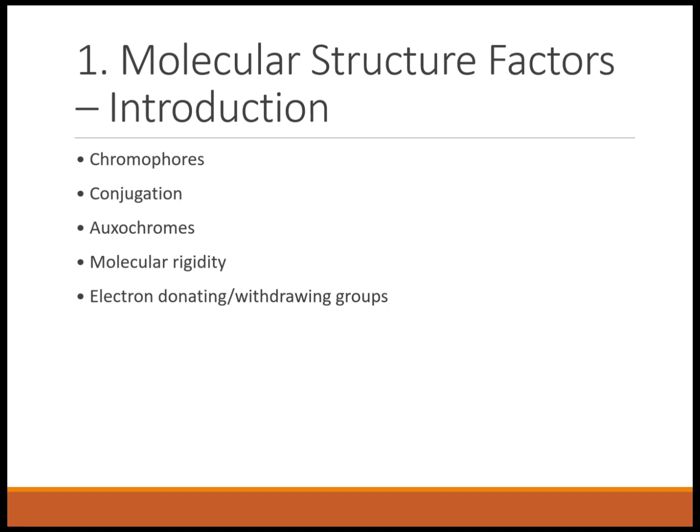They include chromophores, functional groups responsible for absorption, conjugation, which is the extension of pi electrons, oxochromes, groups that modify absorption behavior, and molecular rigidity and planarity, and also the effects of electron donating and withdrawing groups.